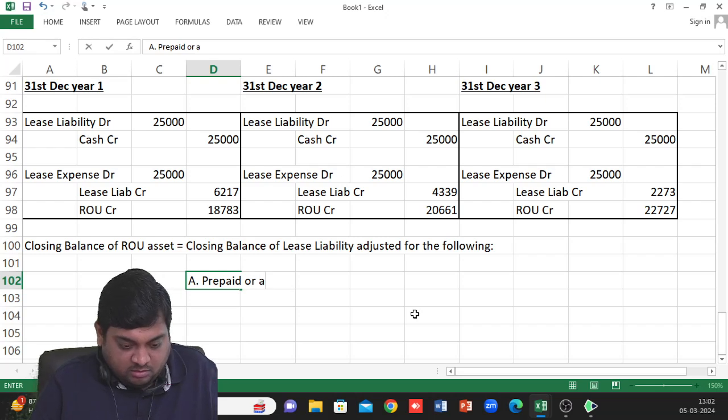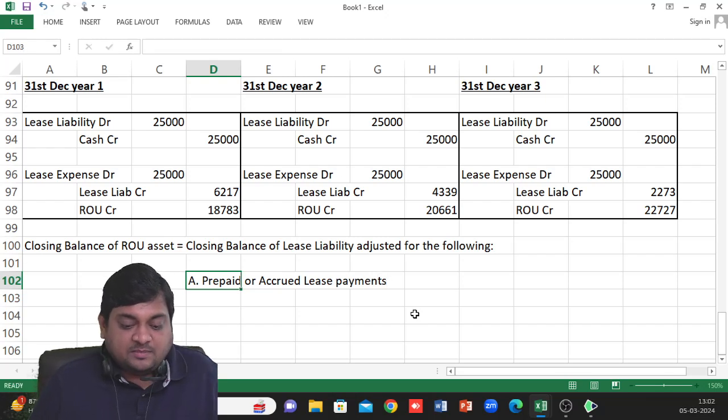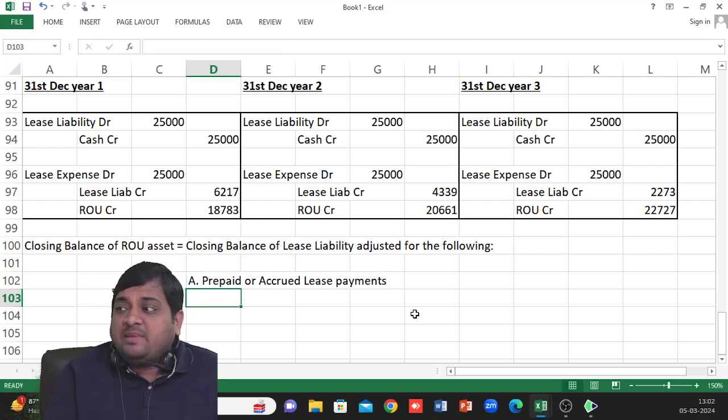Prepaid or accrued lease payments. There might be some lease payment that I have made in advance.